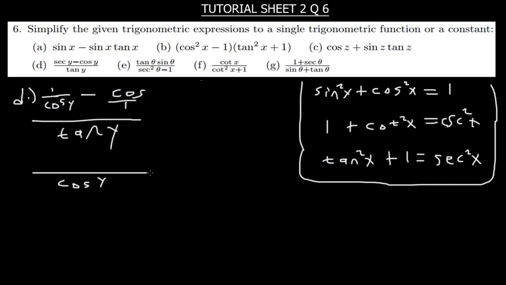Then on top, you find 1 times 1, you get your 1. Then minus cos times cos, you get cos squared y. We're dealing with y now. Then everything over tan y.